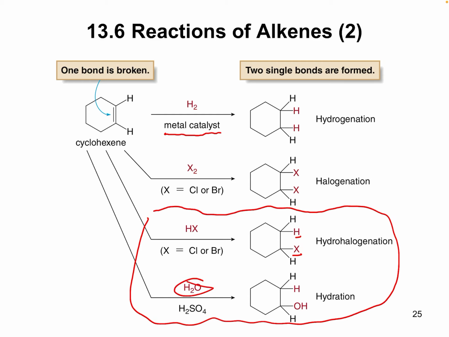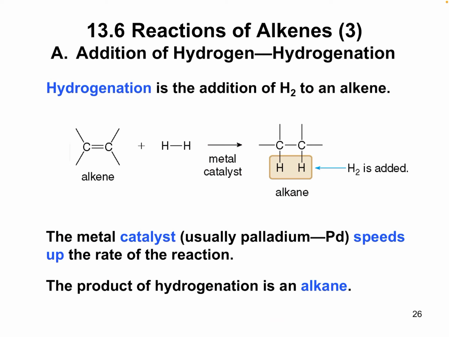Water is the thing that we're using to do our addition reaction. Somehow the hydrogen ends up on one of the carbons where the alkene, the carbon-carbon double bond, was, and on the other carbon, the OH. So we're going to have to talk more about which of the carbons gets which of those groups.